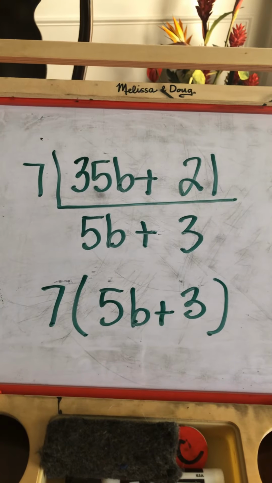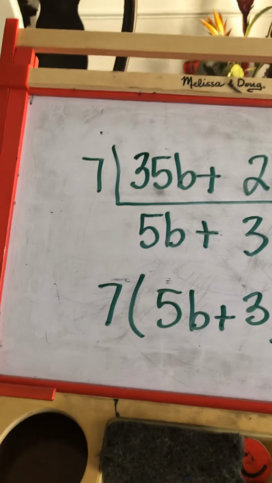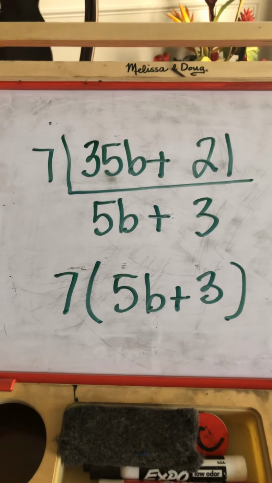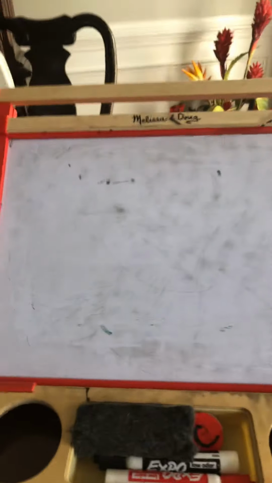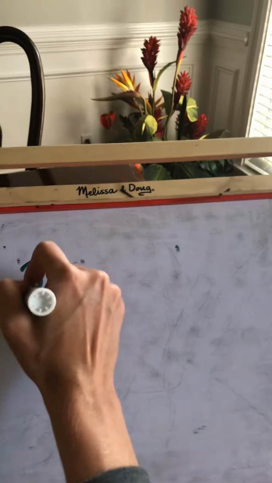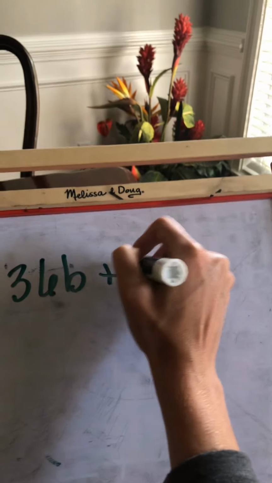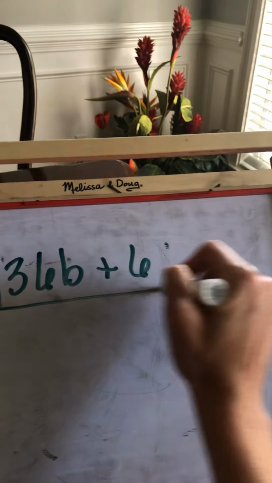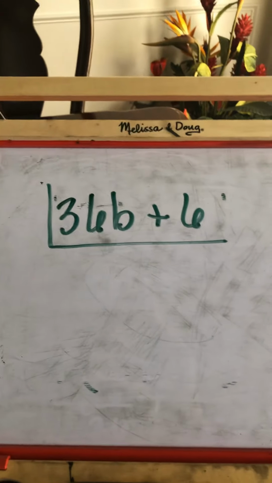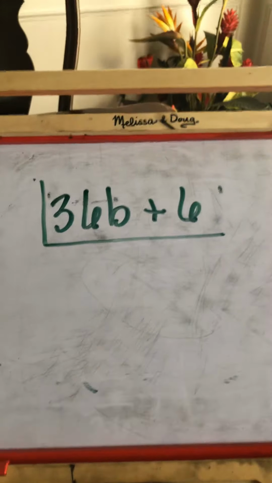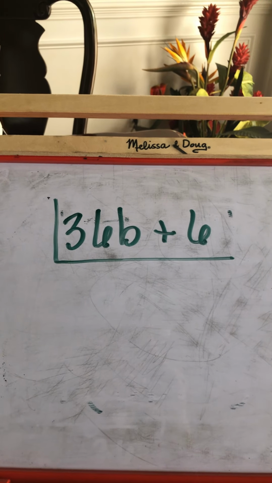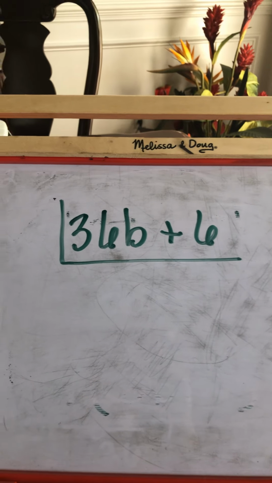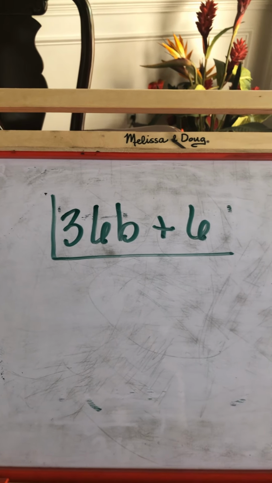Okay? Now, let me show you an example of what you would do if you didn't break it down far enough. So let's do, I'm going to do this one again, 36B plus 6. I already did this one. But let's say that we didn't know that 6 was a common factor. Let's pretend that we started out with 2, because I know that 36 and 6 are both even numbers.